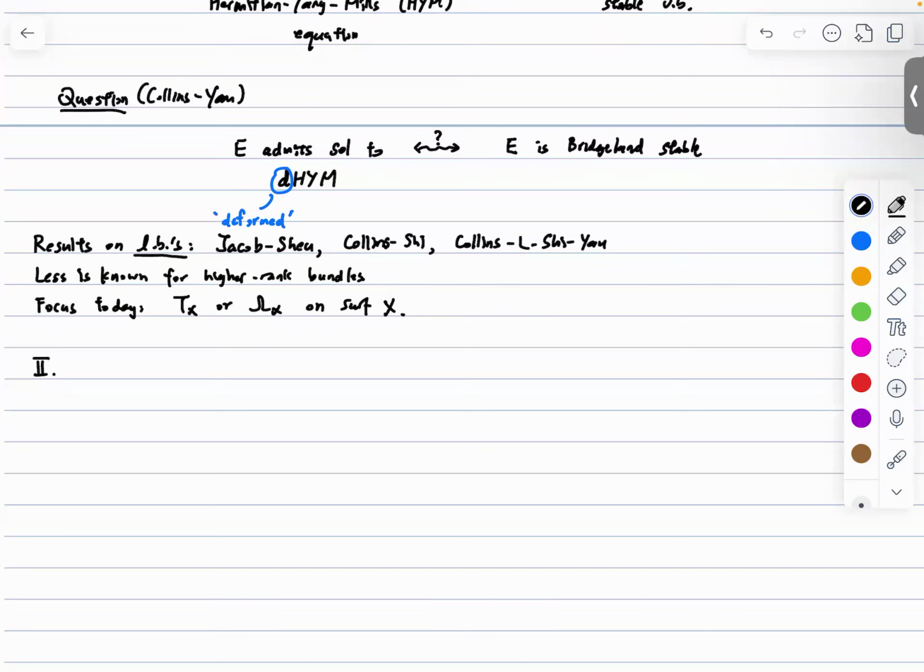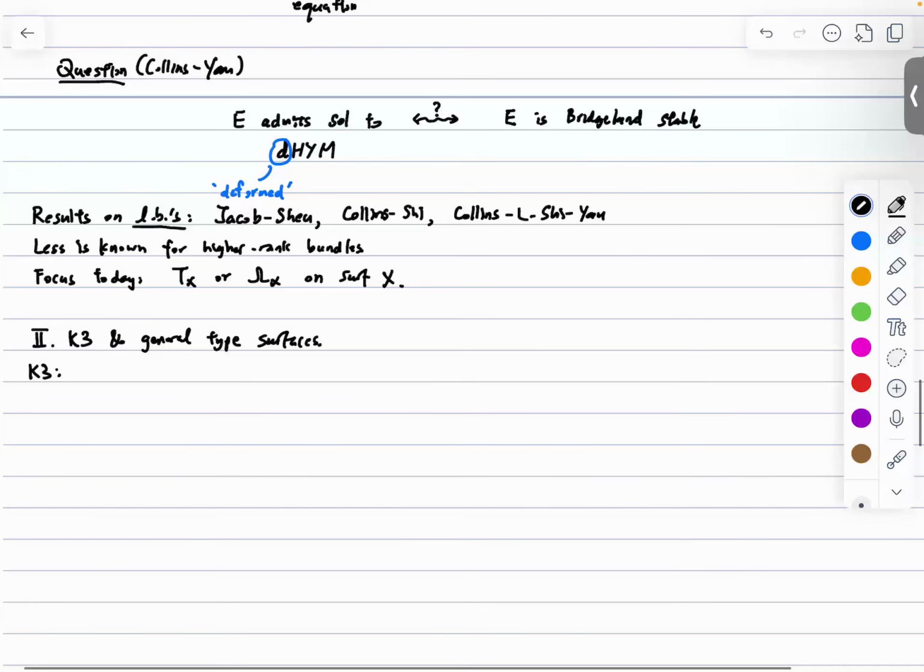Okay, so here is some of what we know on K3 and general type surfaces. In the case of K3 surfaces, the situation is quite simple, thanks to a result by Huybrechts.